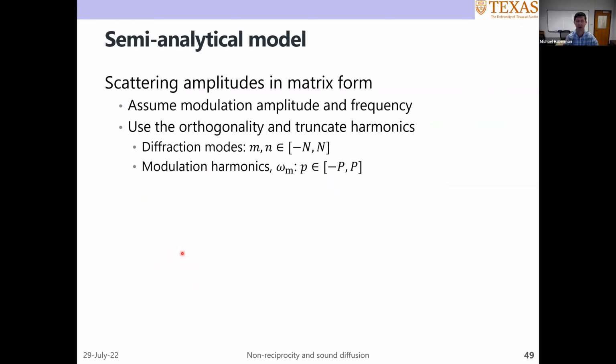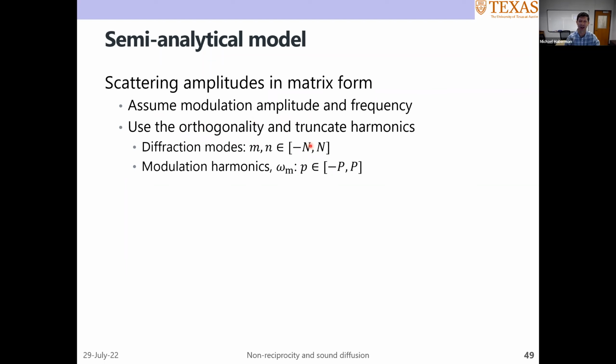In order to do that, practically speaking, we don't want to include all amplitudes. There's a lot that happens turning the crank to get this working, but basically we assume some modulation amplitude and frequency. We can sweep through those and do a little bit of discovery. In the process, you have to use orthogonality, which makes everything nice and clean.